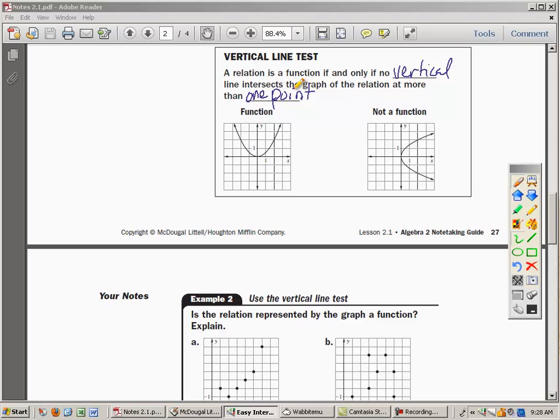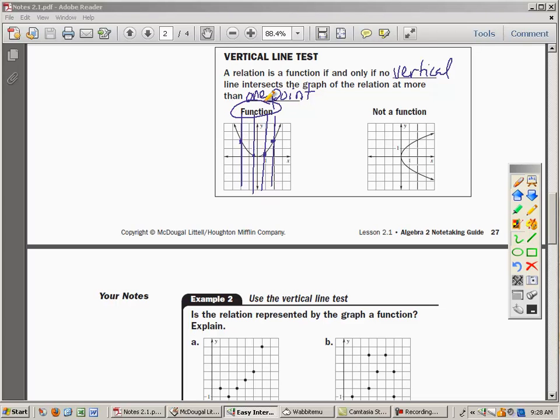So if we have a graph of a relation, we can check to see if it is a function by simply drawing a vertical line anywhere through the graph. Any vertical line that I draw through this individual relation only intersects the graph in one place. And so because of that, this is a function.